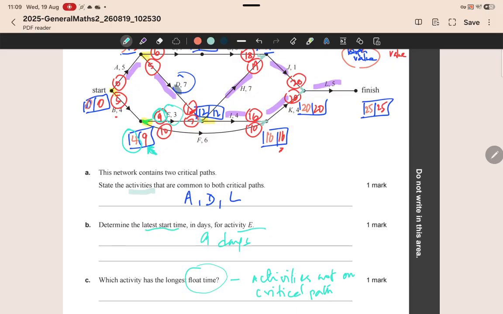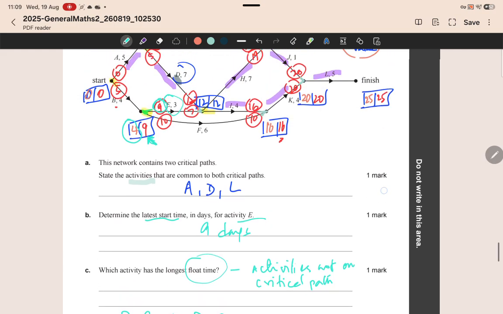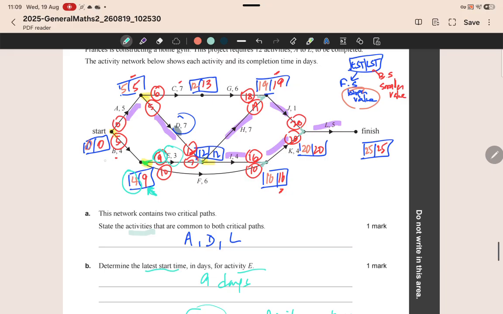So, if we were to record all the activities that are not on the critical path, they are B, C, E, F and G, because as you can see, all the ones in purple are the edges along the critical path.